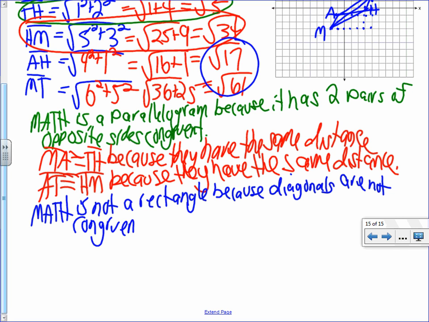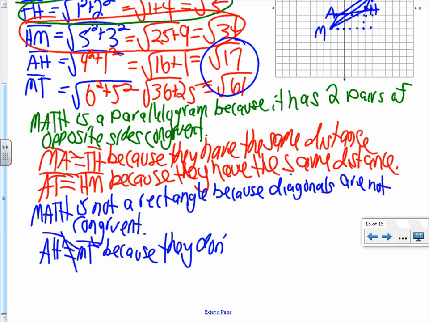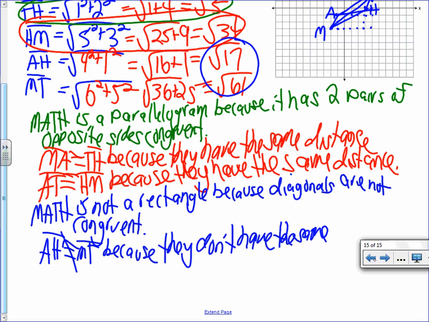Now tell me what they are. AH is not congruent to MT because they don't have the same distance.